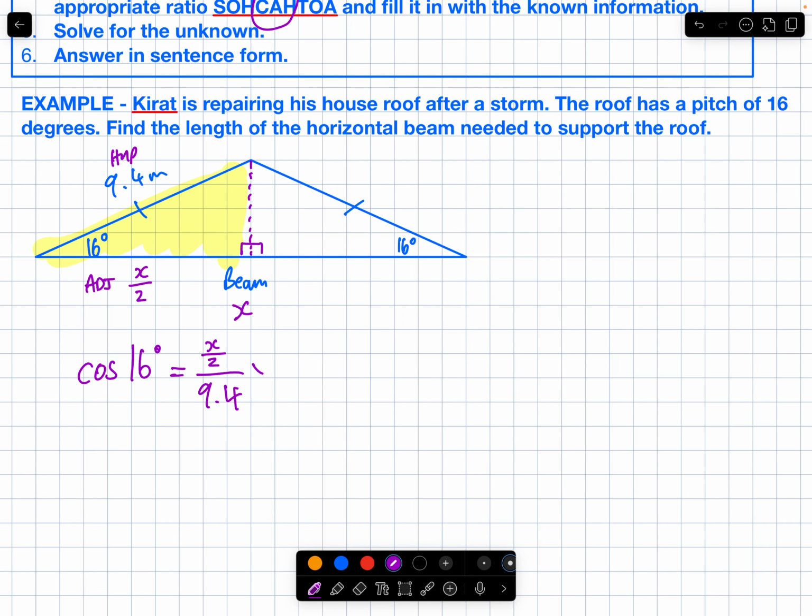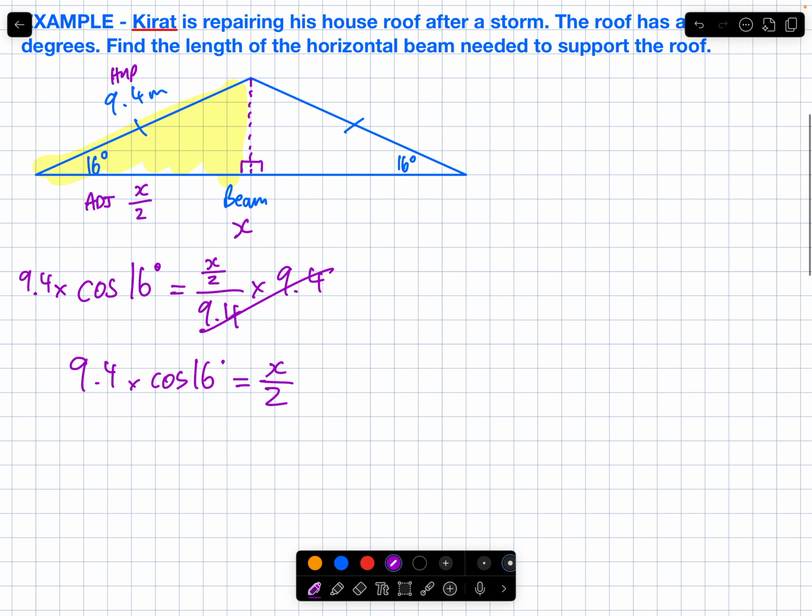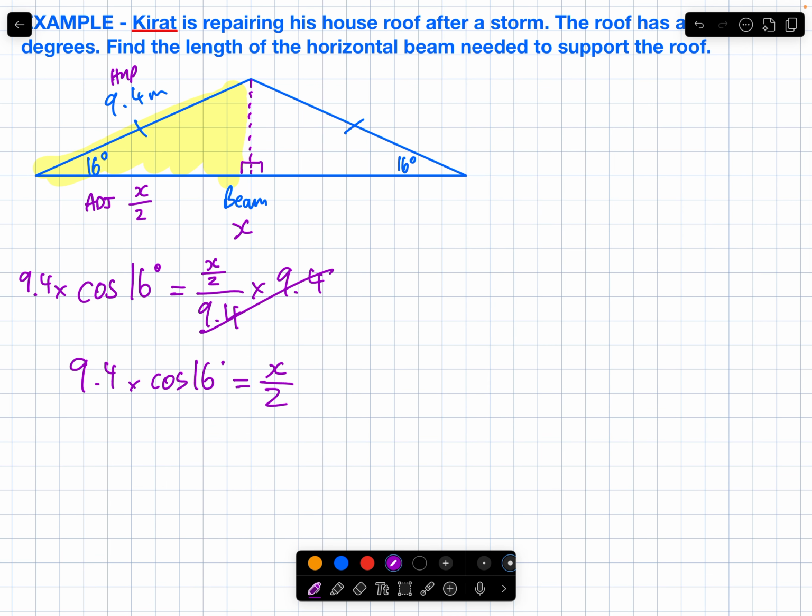So what is the opposite of dividing by 9.4? Times both sides by 9.4. That's going to cancel. So at this point, we have 9.4 times cos 16 degrees is equal to x on 2. I want x by itself. So the opposite of dividing by 2 is timesing by 2, times both sides by 2. That's going to cancel. So x is whatever 2 times 9.4 times cos 16 degrees is going to be.